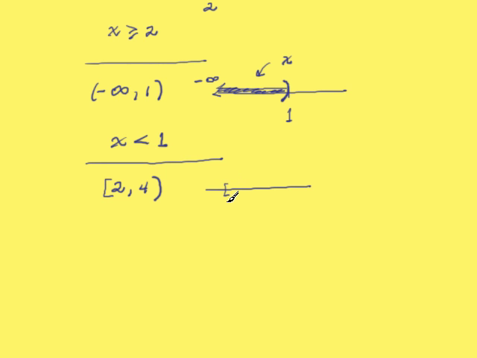Square bracketed 2, rounded 4, and you just darken in the segment in between. Now for the inequality, we're picturing x between 2 and 4. And that would be x less than 4 and greater than or equal to 2. Greater than or equal to because of this square bracket, and less than because of this round bracket.